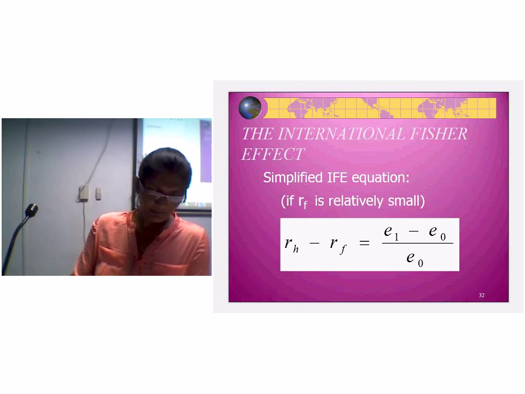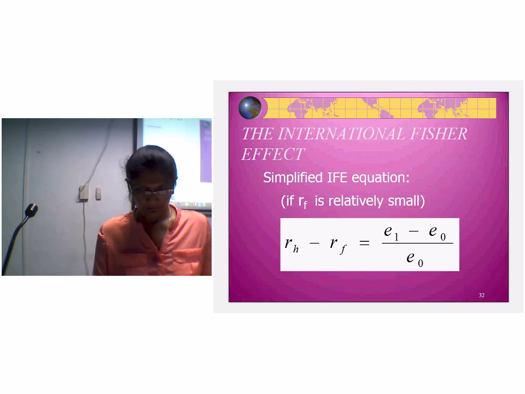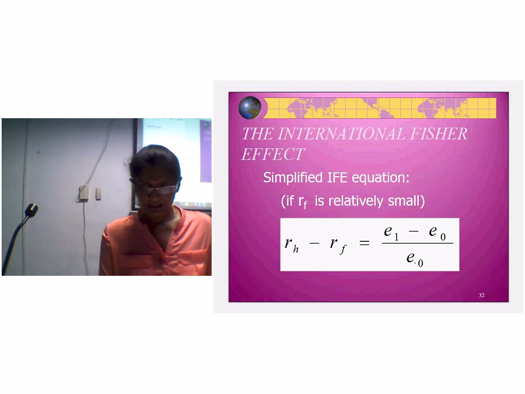Let's simplify the international Fisher effect equation. This is the equation for the international Fisher effect: RH minus RF is equal to E1 minus E0, divided by E0, right? This one we get from purchasing power parity.